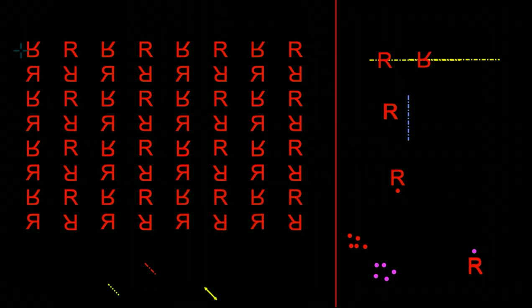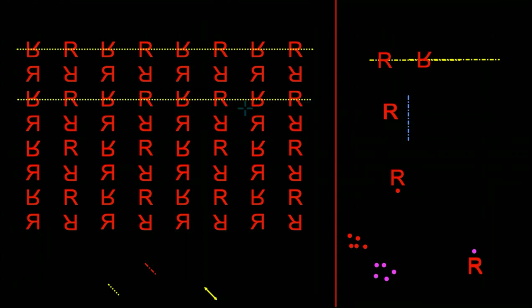Okay, so our first set of horizontal glide lines are going right through the middles of the R's, and here's just a couple of them. Let me move that one up to the right location.